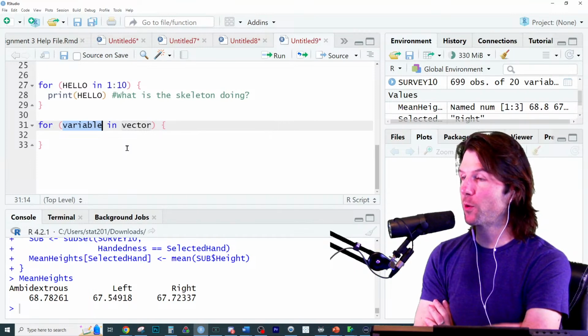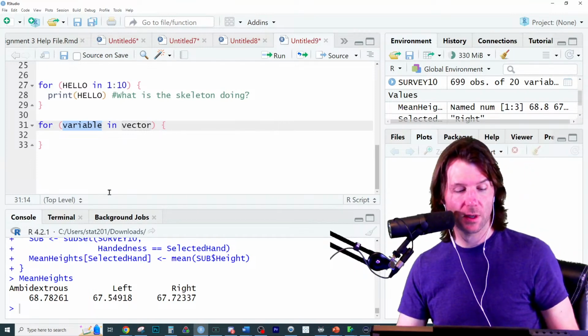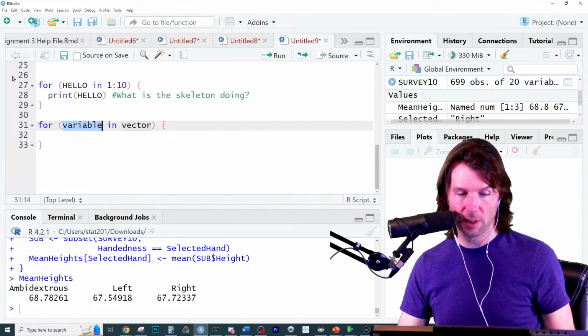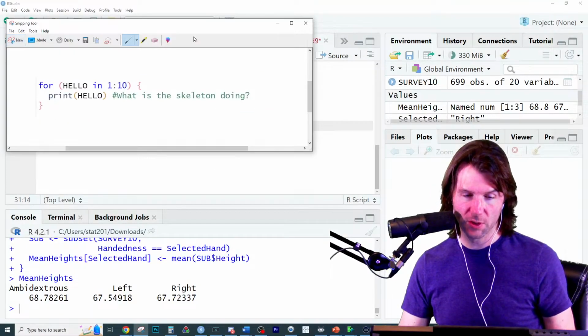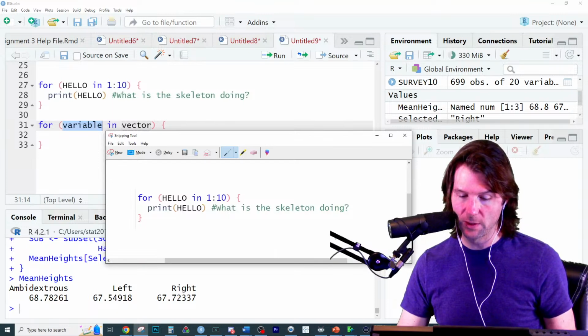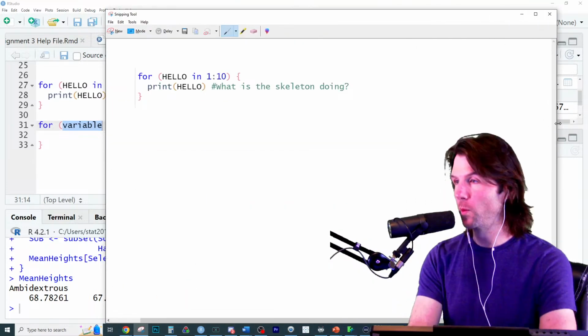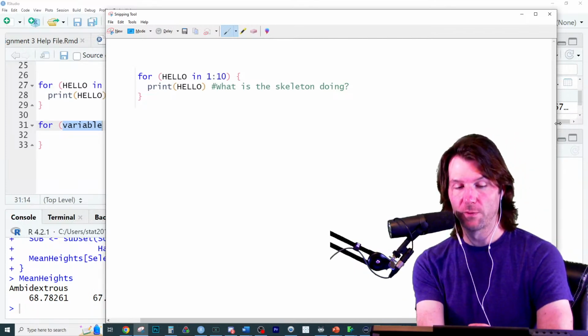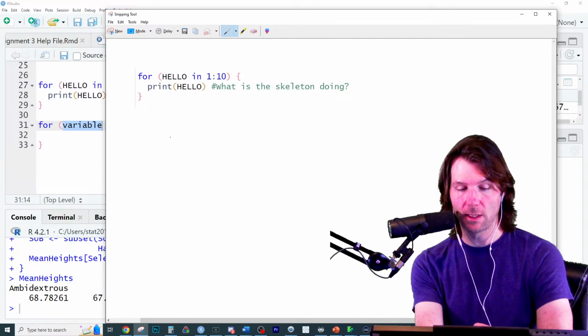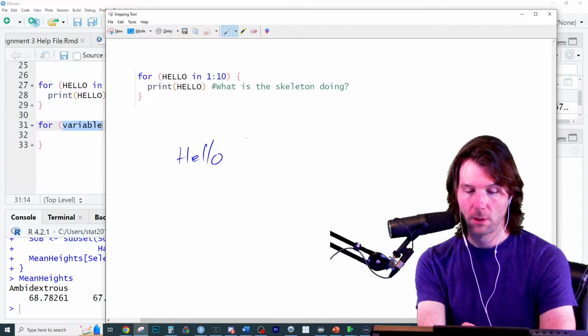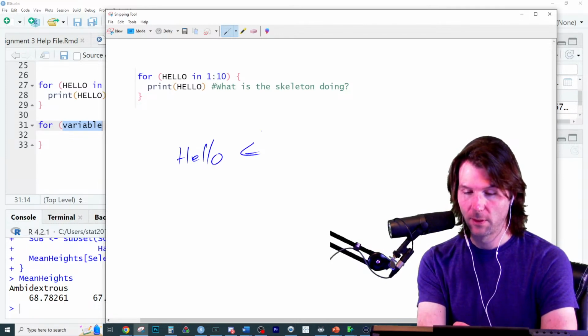So what will the for loop do the first time it runs? To think about this, we should talk theoretically and understand that every time this runs, it's going to print the object hello, which is what the variable is. So when the for loop runs, the first thing it does is it says hello becomes 1. So yeah, let's do it right.